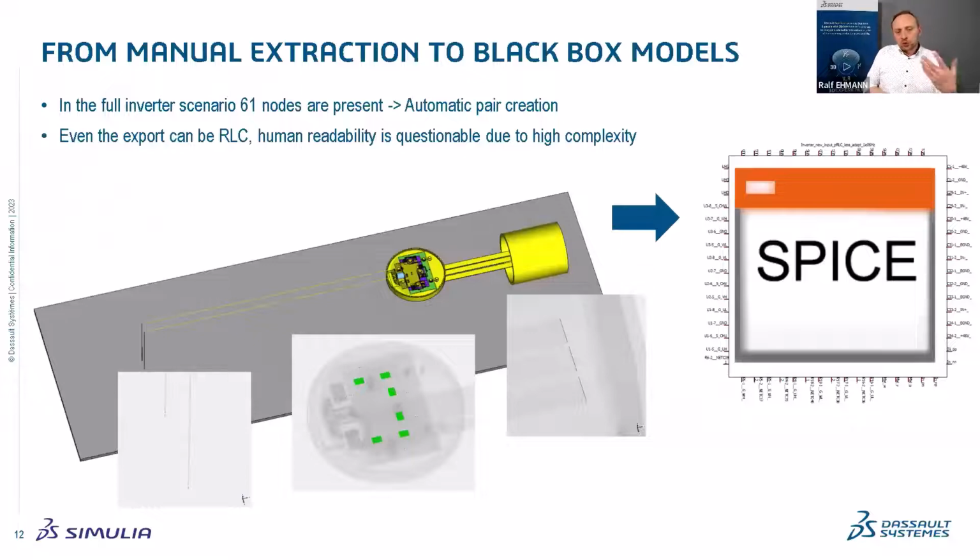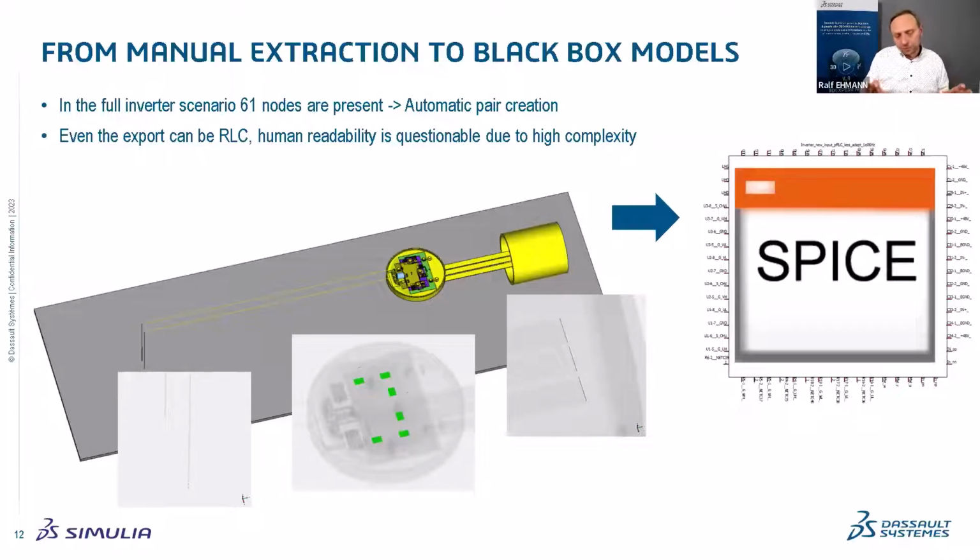If I do it now for a system level, which is what I did here, so this is now the whole inverter, not only the bus bars, I can define 61 nodes. You see all the positions where I later would like to connect components, like, for example, my transistors and the capacitors.